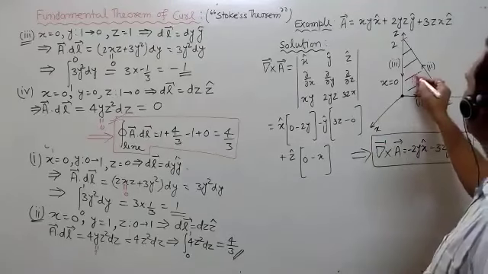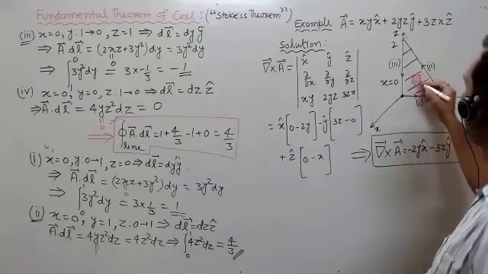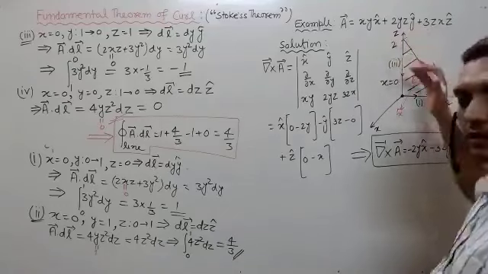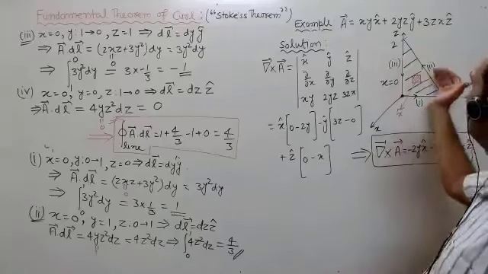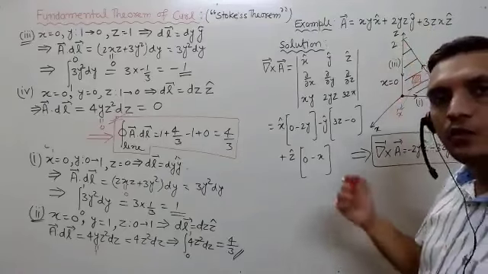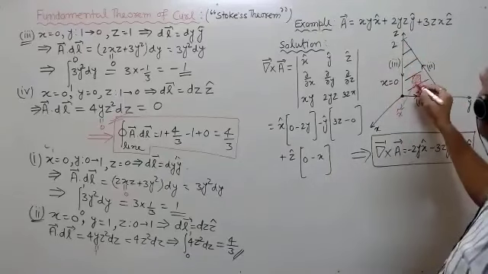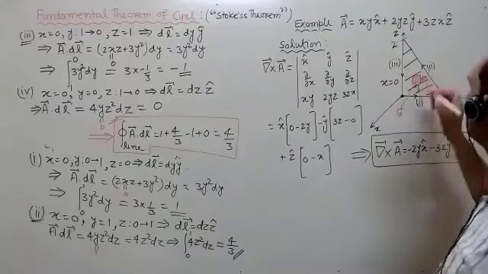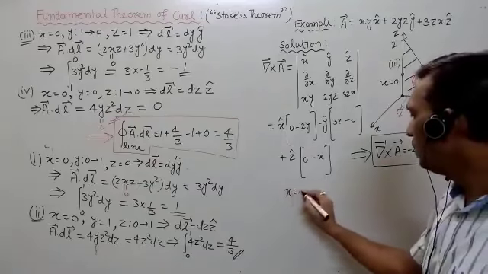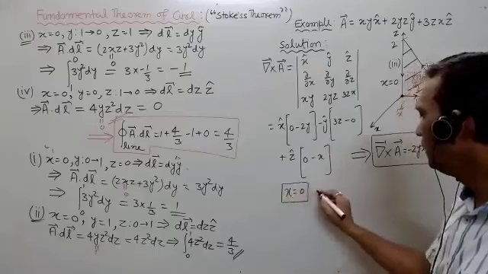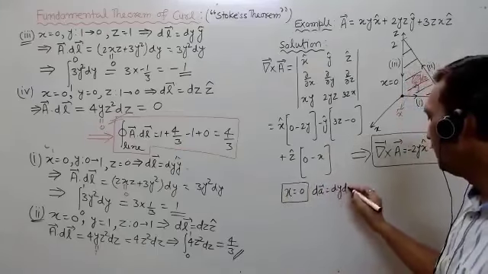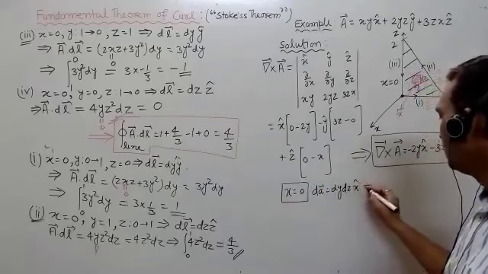Again, you have to write dA. So dA, you can easily write for the x is equal to 0 plane, by the right hand rule. Use your right hand, move your fingers in the direction of integration. Thumb will give you the direction of dA over the open surface. So this side is dy and this side is dz. So for the x is equal to 0 plane, dA will be dy dz x cap.